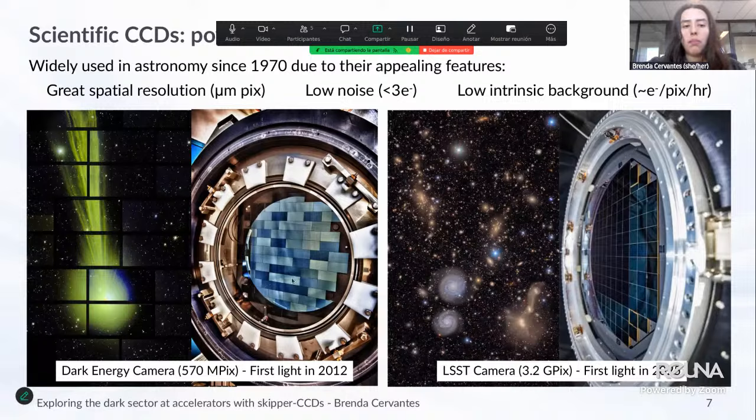Here I put the pictures of two of the most famous astronomical cameras. On the left, you can see the Dark Energy Camera, and on the right, the LSST camera, which actually had its first light last year. And we are having very good images for the astronomical applications.